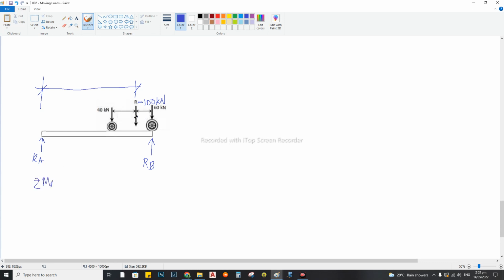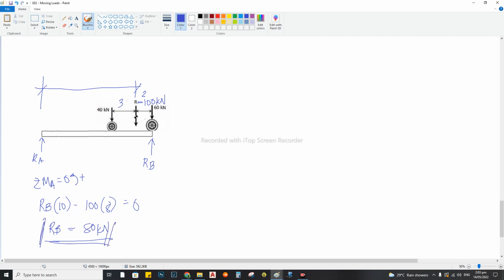So let's say we have a summation of moment at A is equal to 0 and then counterclockwise is positive. Then we will have reaction at B times 10 meters minus the resultant 100 kilonewton times, this is 3. And then we have also here 2. Okay, so this is times 8. Times 8 is equal to 0. Then atong reaction at B is equal to 80 kilonewton.